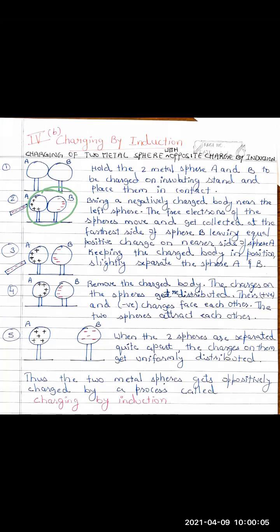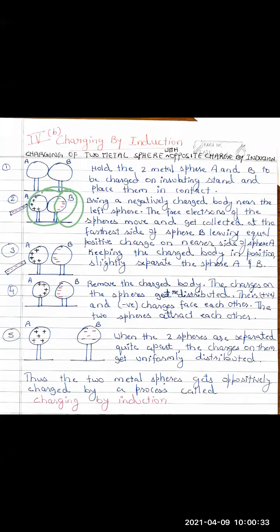And all the negative charge, because of the force of repulsion, will be collected towards the extreme right, or towards the farthest side of B. So children, positive charge gets attracted towards the left side, and the negative charge gets repelled from the rod and collected at the farther side of B, the extreme right of B. So positive got collected towards the negatively charged metal rod, and negative got collected at the extreme right of sphere B. So positive and negative got separated, right children?